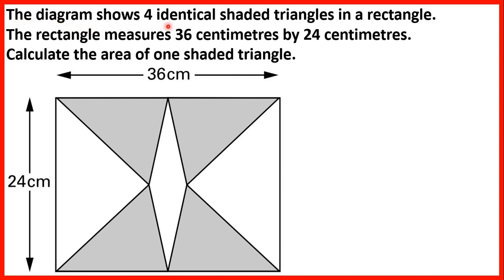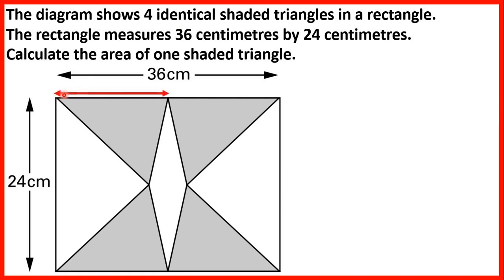The diagram shows 4 identical shaded triangles in a rectangle. The rectangle measures 36 centimetres by 24 centimetres. Calculate the area of one shaded triangle. So we know that the triangles are identical, so they're all the same size.